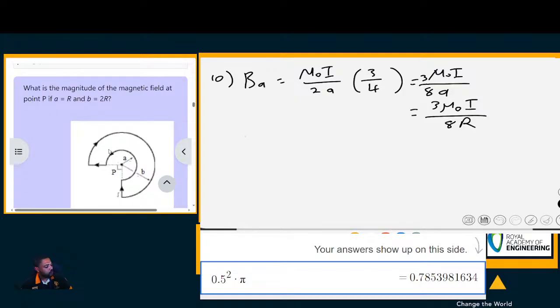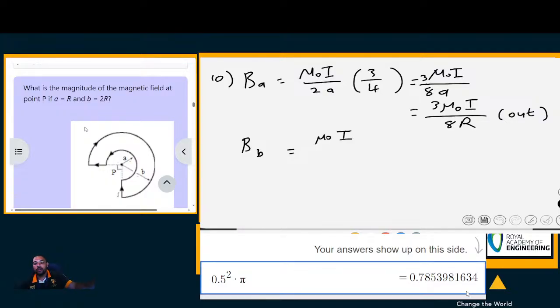Okay. So the magnetic field due to the 3/4 circle of radius a is, by the way, into the page at point P. Sorry, no, I'm checking now, and it's coming out of the page at point P. Just hold your right hand right there, curl it in the direction of the wire, and your thumb will point in the direction of the magnetic field.